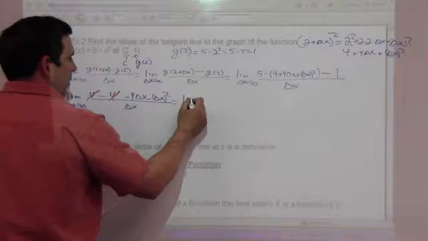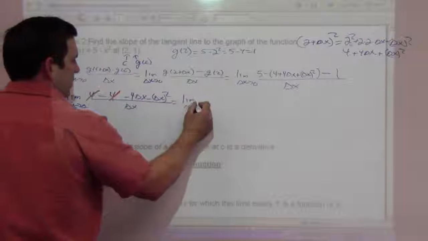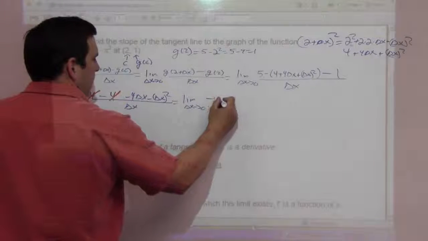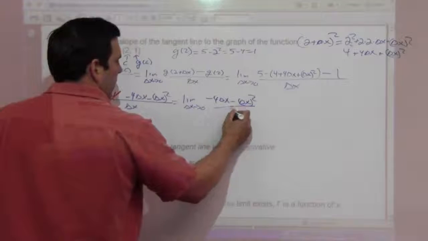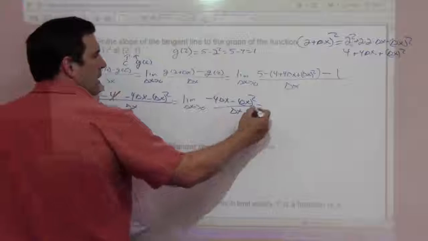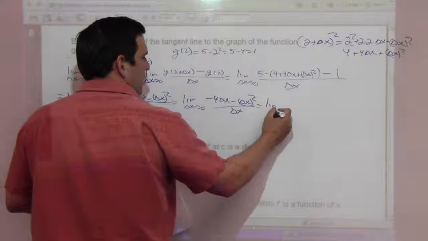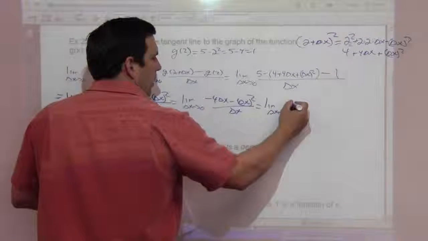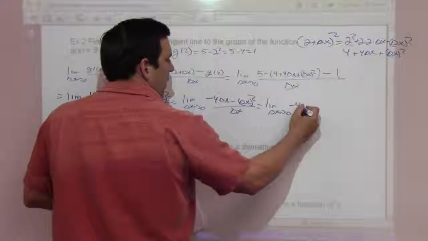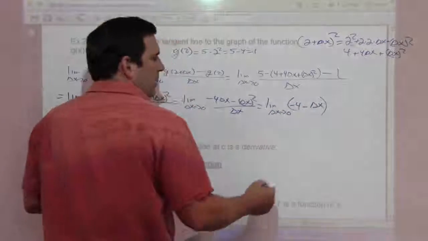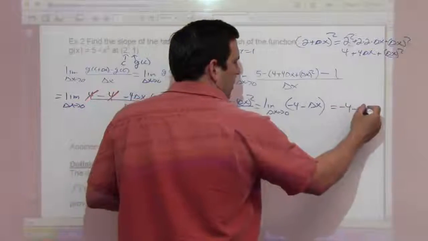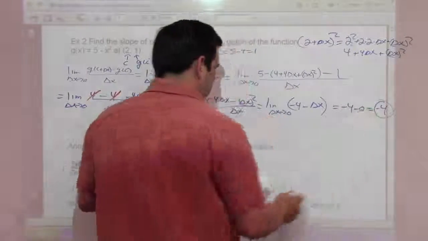And we have the limit as delta x goes to 0 of negative 4 delta x minus delta x squared over delta x. If we divide out this delta x, we have the limit as delta x goes to 0 of negative 4 minus delta x. And as delta x goes to 0, this just becomes negative 4 minus 0, which is negative 4.